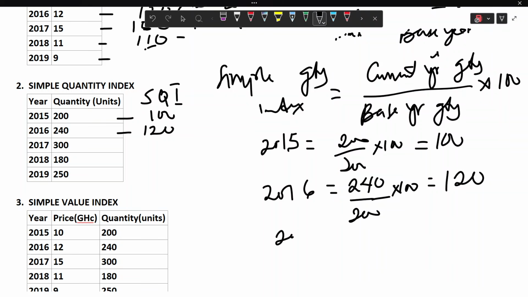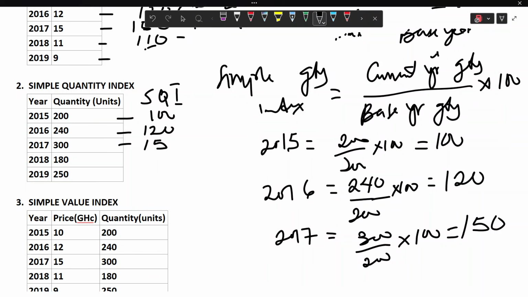Then 2017, 300 divided by 200 times 100, also giving us 150.